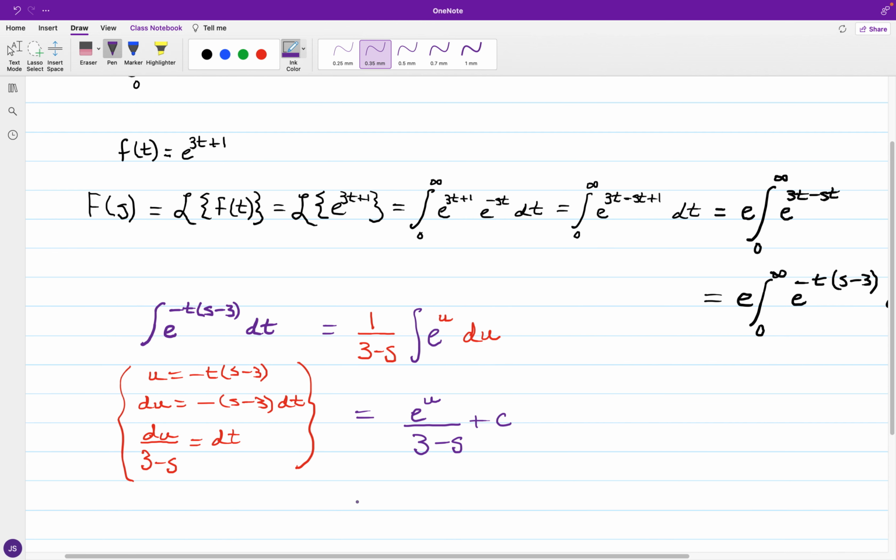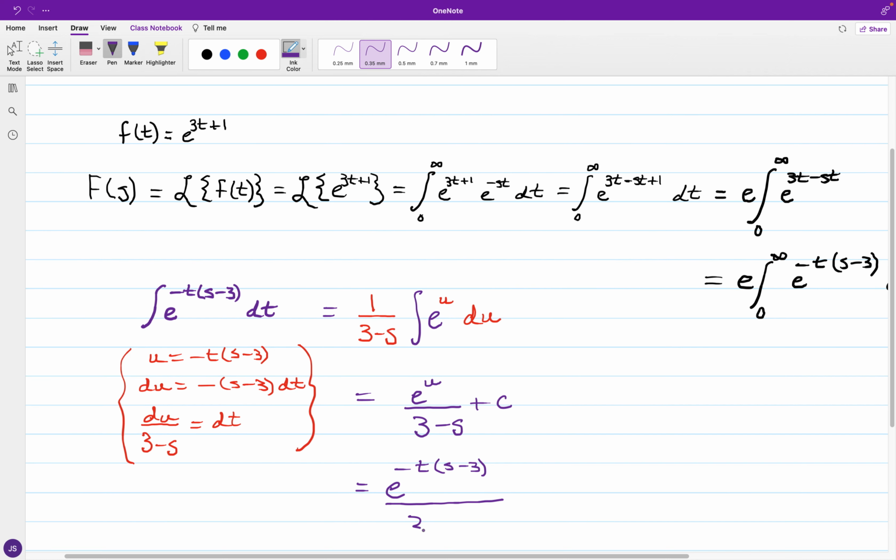In terms of the back substitution, we're going to have e to the negative t times the quantity of s minus 3 all over 3 minus s, followed by the constant.